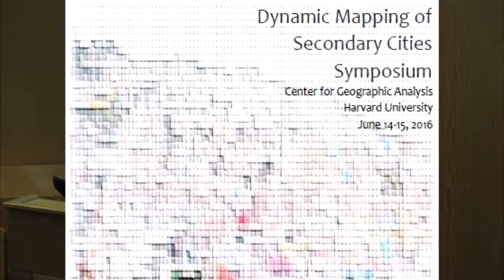So this is a nice sort of transition into my talk, which is about citizen participation and GIS use in urban India. My other body of research is actually on community engaged mapping and public participation GIS.